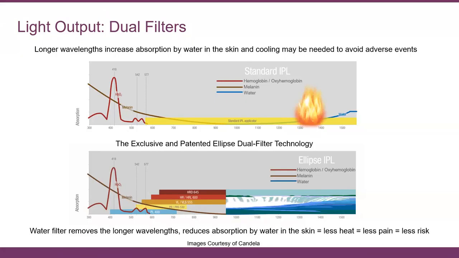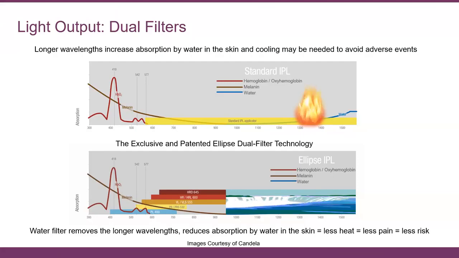Now, with a large number of IPL systems, that will be the starting wavelength, but in actual fact, that handpiece may well be emitting light right up to 1200 nanometers. So a very broad spectrum of light.